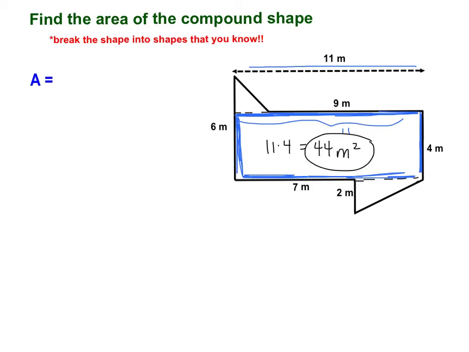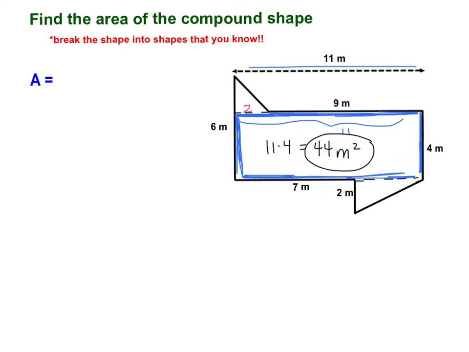Now let's go ahead and do this top triangle right here. Recall from here is only 9, but the whole entire length is 11, which means 9 plus this number has to be 11, and therefore this is 2. And again, this right here is 4.